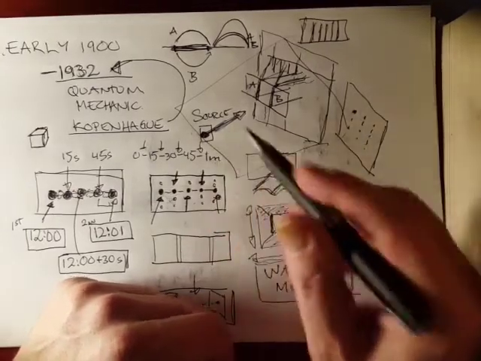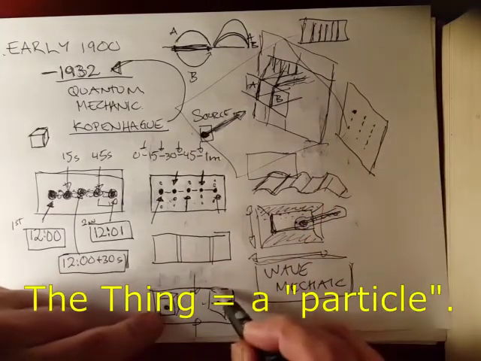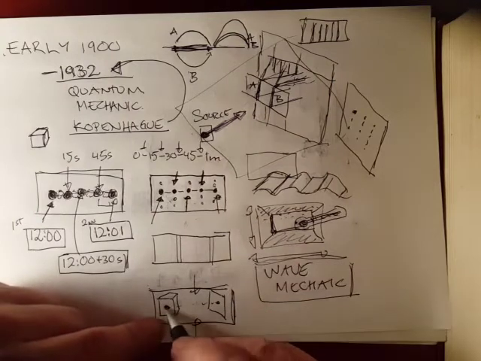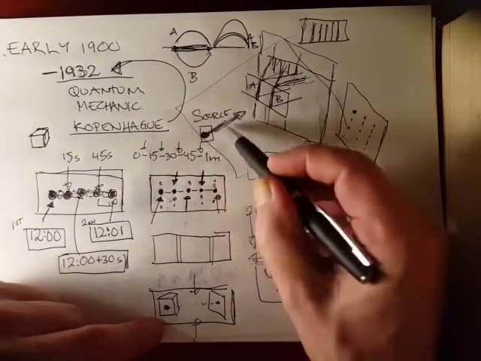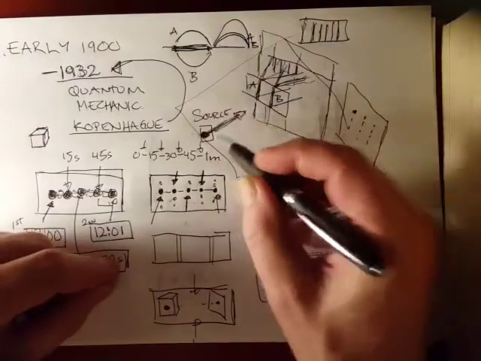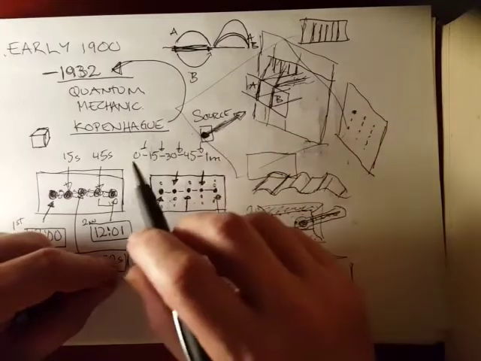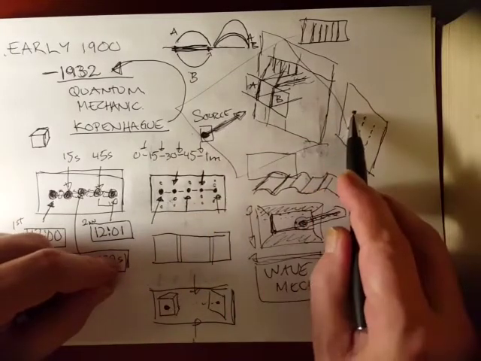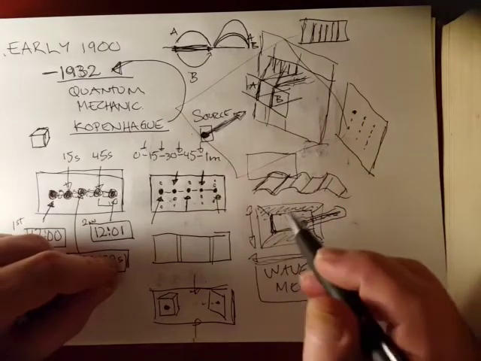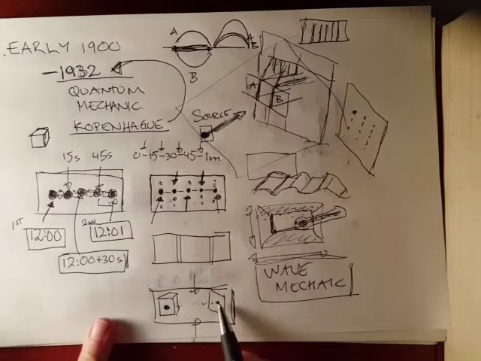We observe the thing at a position, and that position is from a source where we send out what we believe to be a particle. That's the first observation. The second observation is when it hits the screen. So we have a situation like this, a source and a pattern.